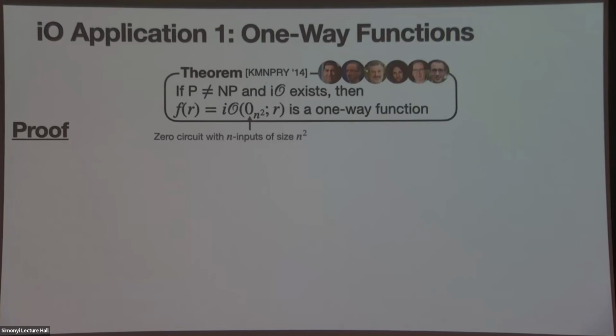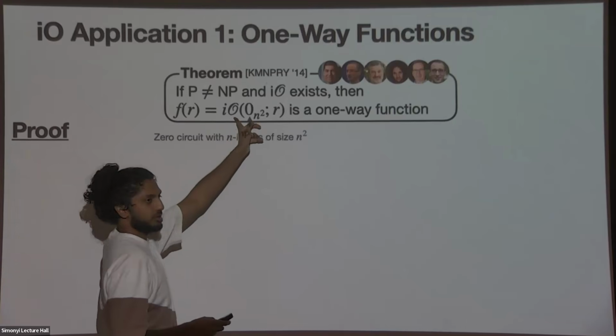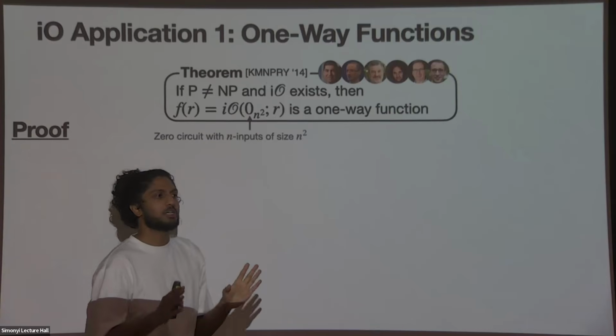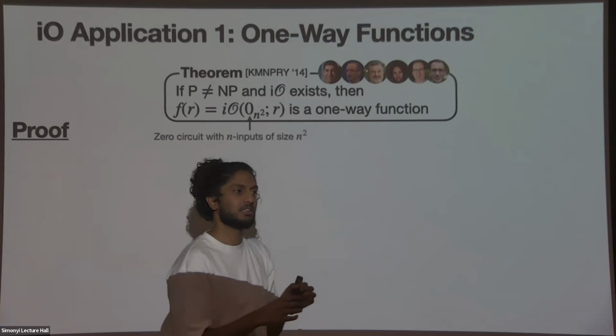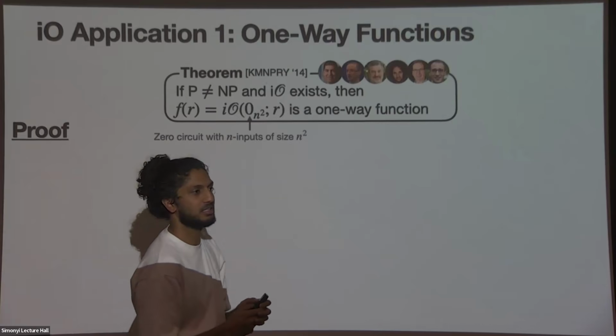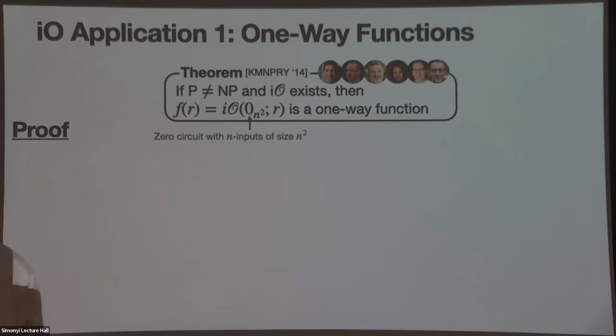All right, so here's the proof. The IO itself was randomized, right? Yeah, good. The IO is a randomized algorithm, but secretly every randomized algorithm under the hood is just a deterministic algorithm with some seed. R is exactly the seed. Good.